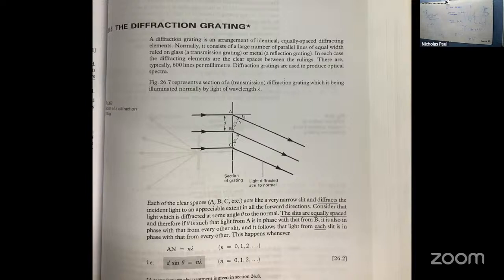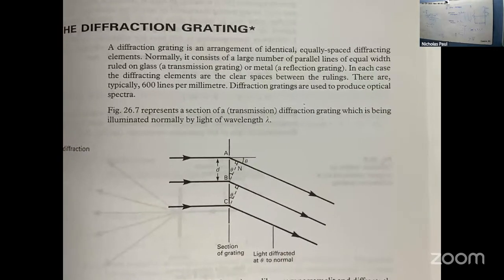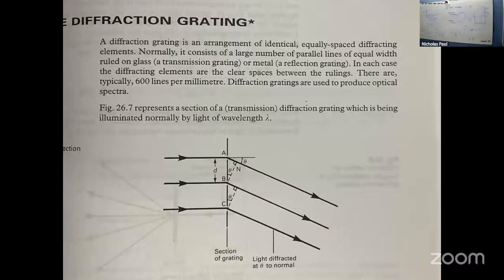Last thing, diffraction grating. A diffraction grating is an arrangement of identically, equally spaced diffraction elements. So as I was telling Vanessa, in 1 centimeter you have 1,000 spaces. So you can imagine how small it is.